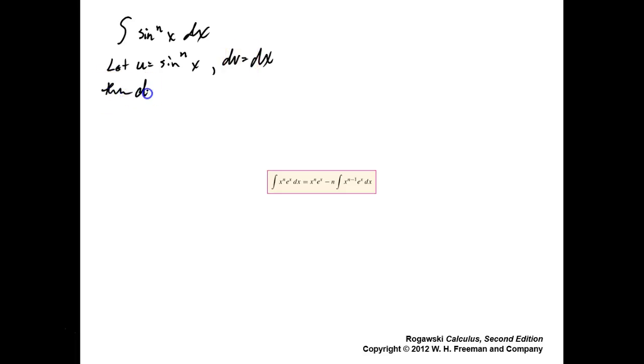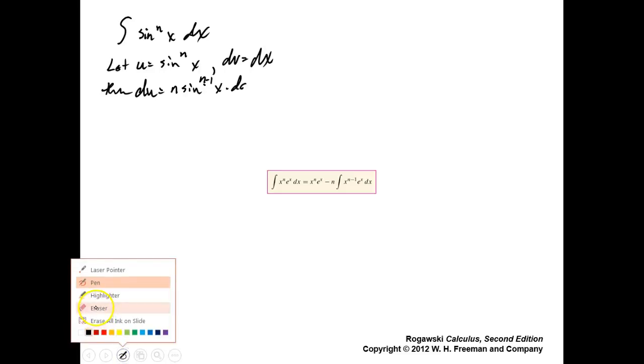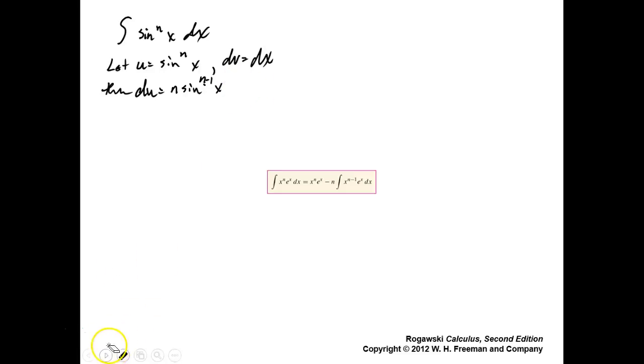Then du is equal to n times sine n minus 1 x times cosine x dx, and v is equal to x.